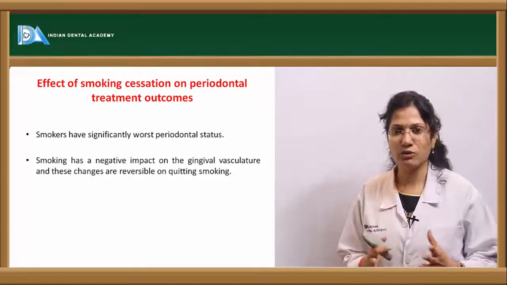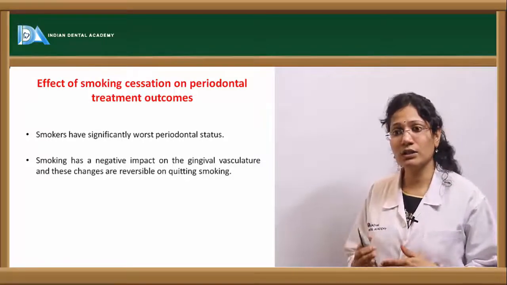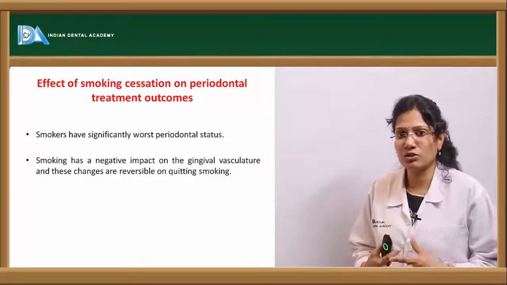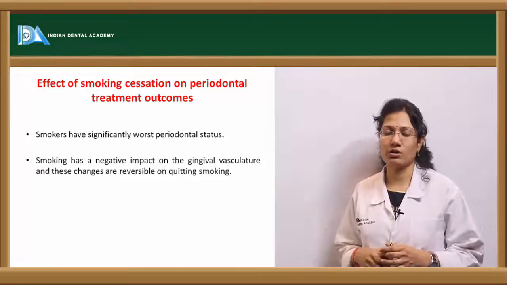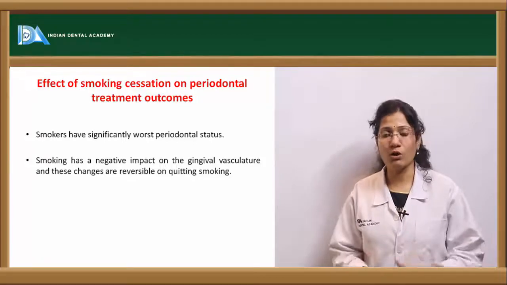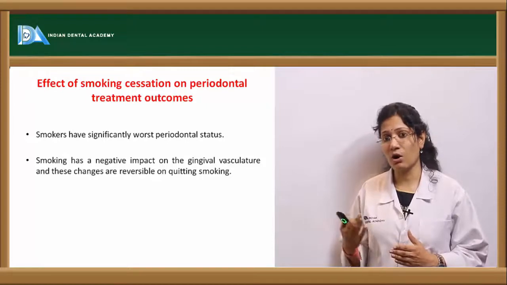Now we have learnt about all the effects of smoking on the periodontium, and discussed why smoking cessation is important. What is the effect of smoking cessation on periodontal tissues? If the patient is willing to quit, or has stopped smoking, what effects can occur on the periodontium?